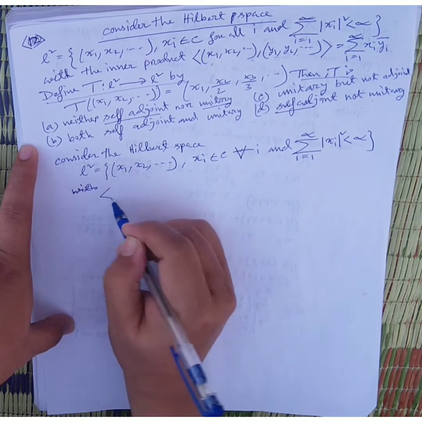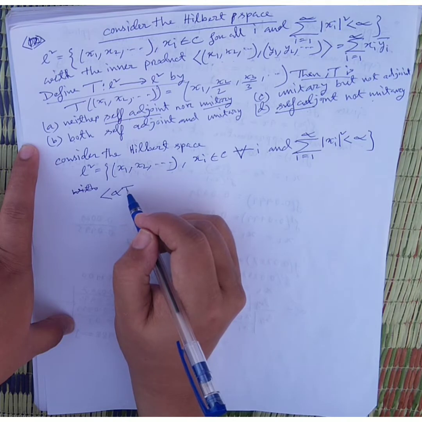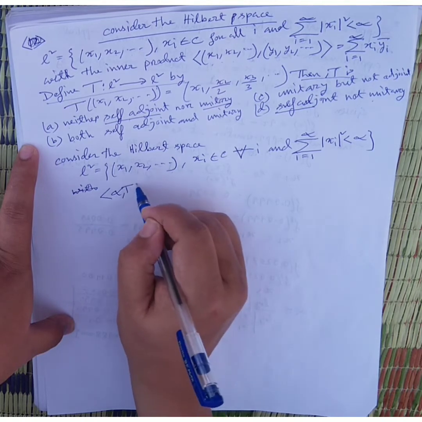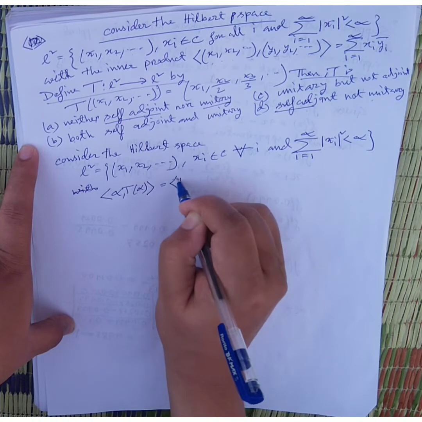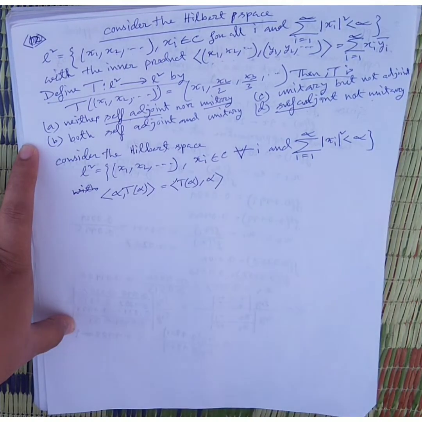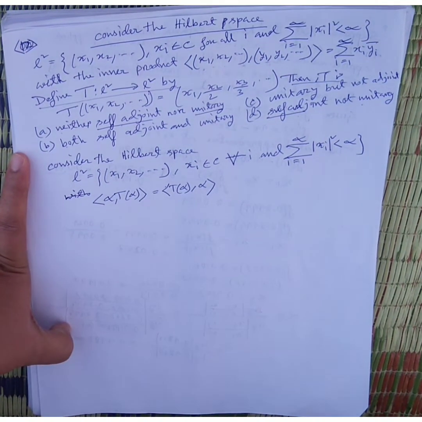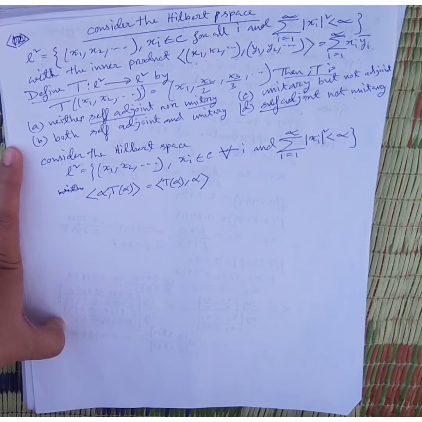Self-adjoint means the inner product of T alpha, alpha is equal to alpha, T alpha. This is the definition of self-adjoint. So I have to check whether this condition holds or not.